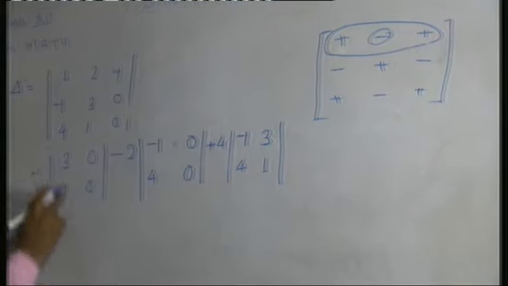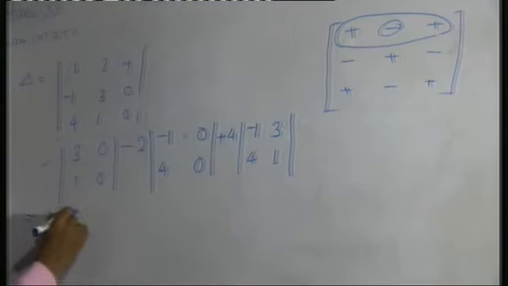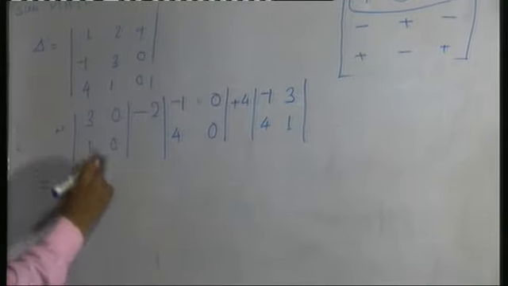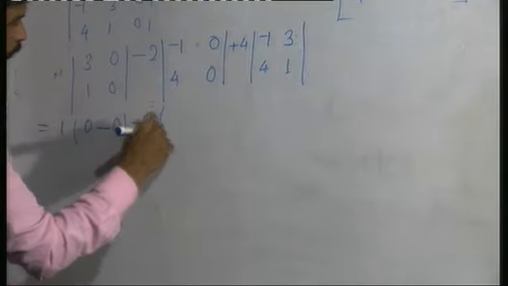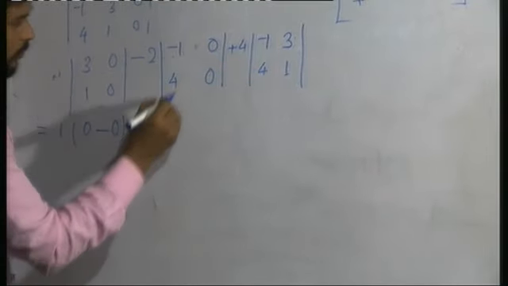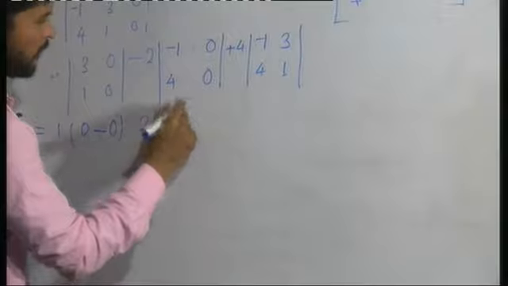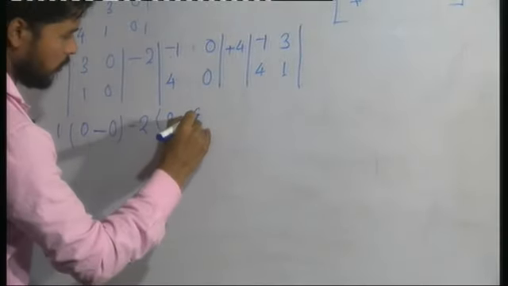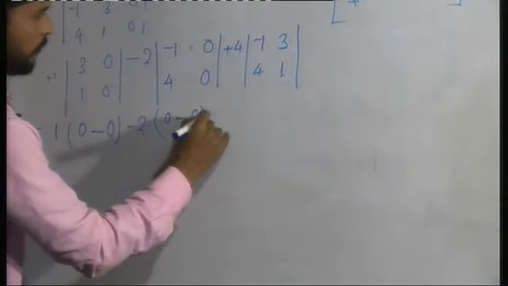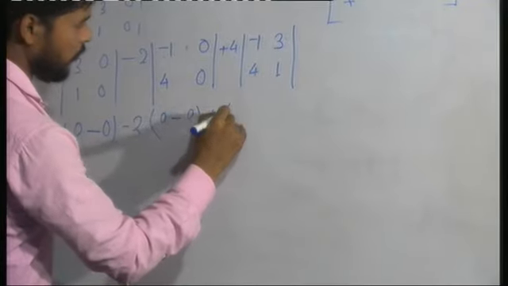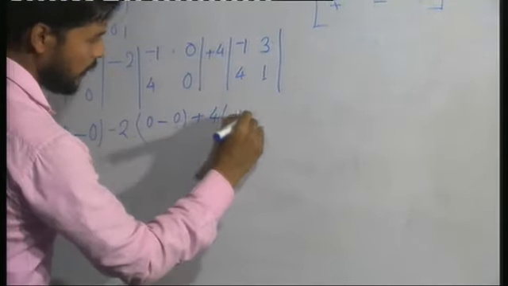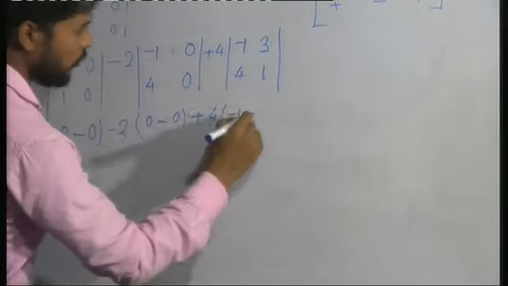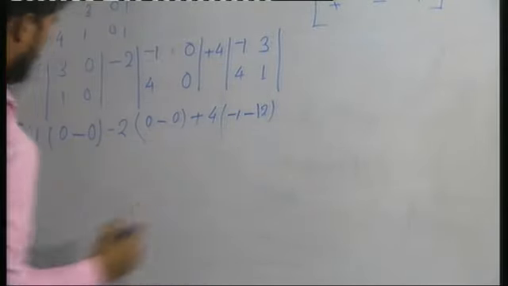So 1 into 3 into 0 is 0, minus 1 into 0 is 0, minus 2 into minus 1 into 0 is 0, minus 4 into 0 is 0, plus 4 into minus 1 into 1 is minus 1, and minus 3 into 4 is 12. So that is minus 13.